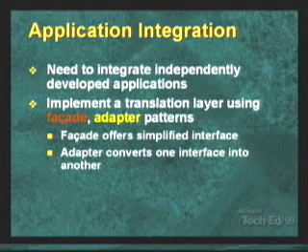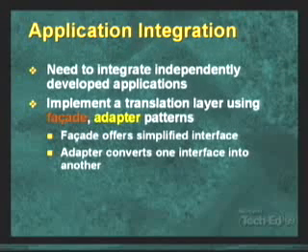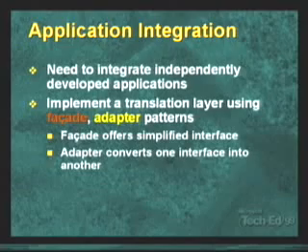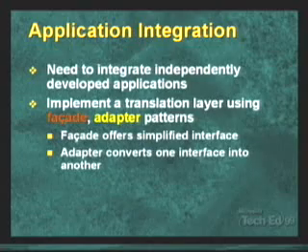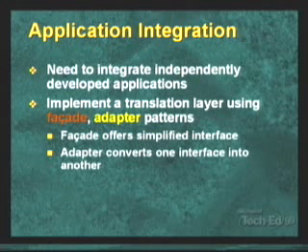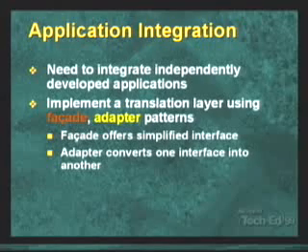So what you can do instead is to implement a translation layer. The translation layer uses either a facade or an adapter or a combination of the two. The facade provides one entry point into the application, a simplified entry point into the application, and the adapter is used to convert, say, between COM and some other technique. So it converts between one interface and another.